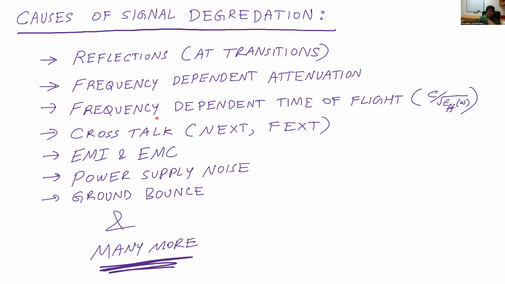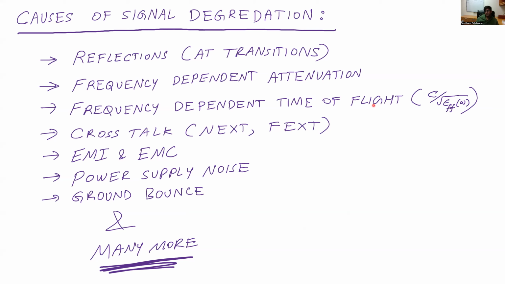There's also frequency-dependent time of flight, which was discussed in more detail in the waveguides part of this lecture series. It has to do with the fact that different frequency components of the input signal can either end up exciting different modes in the waveguide, or in a single mode, they can have a different field distribution depending on the frequency in the cross section of the waveguide.